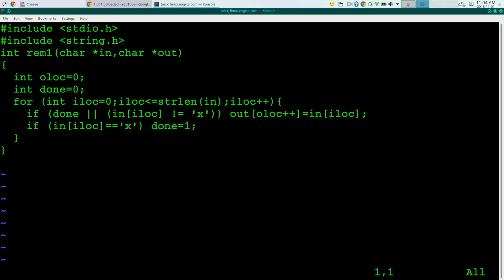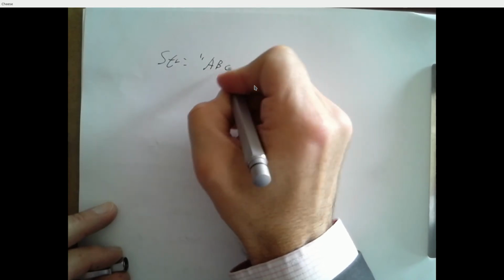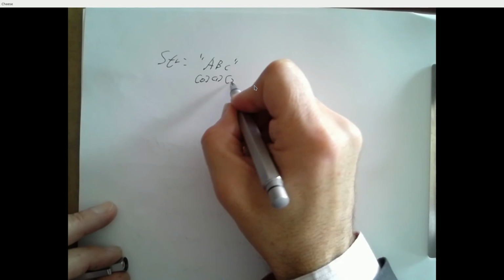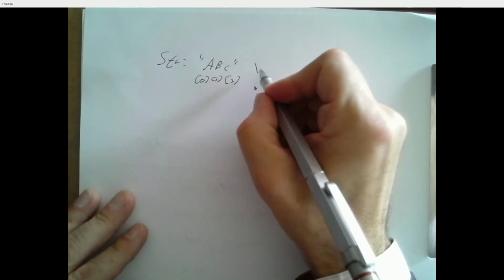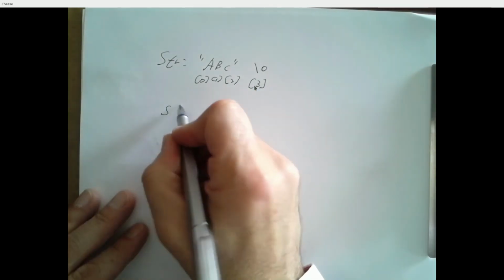Wait, how did you say you put in the null terminator at the end? Because my for loop goes up to and including string length in. This is weird, right? If my string equals ABC, my last character is index 2. If I include the null terminator, that's at index 3.